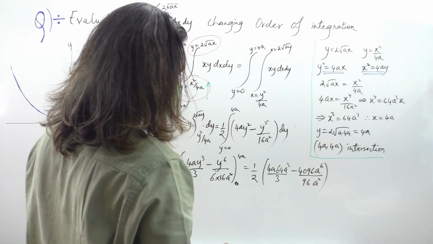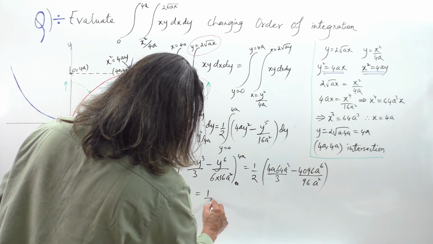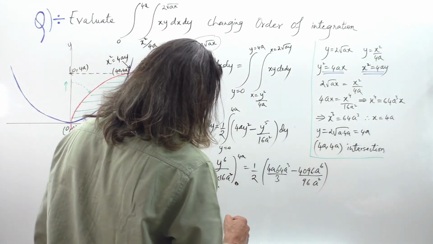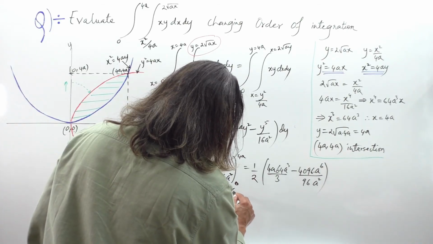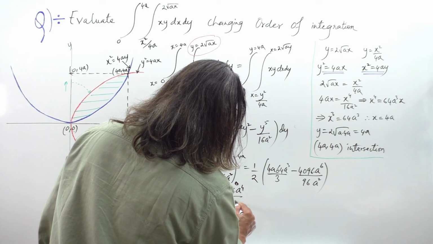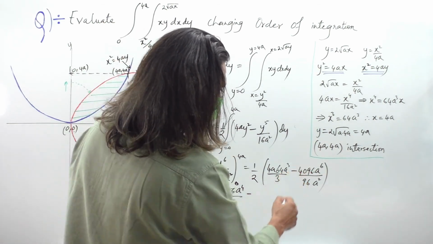Okay, so now again simplify this. So this becomes 1 by 2. Now 4a into 64 is 256 a raised to 4 by 3 minus again 4096.